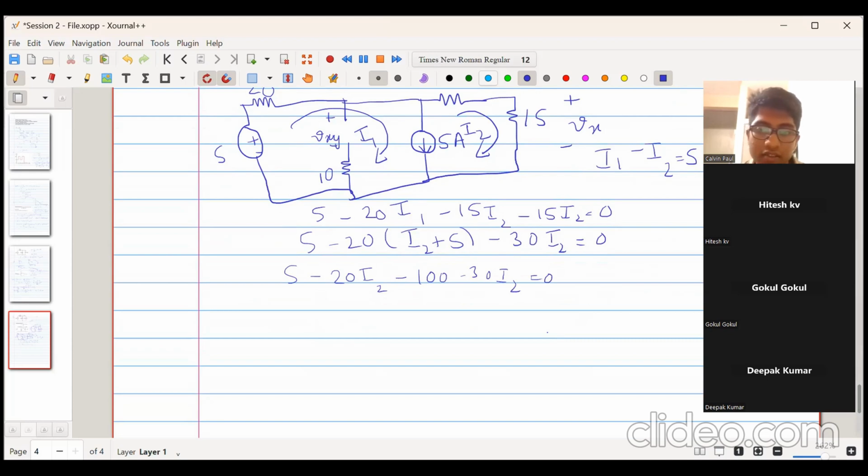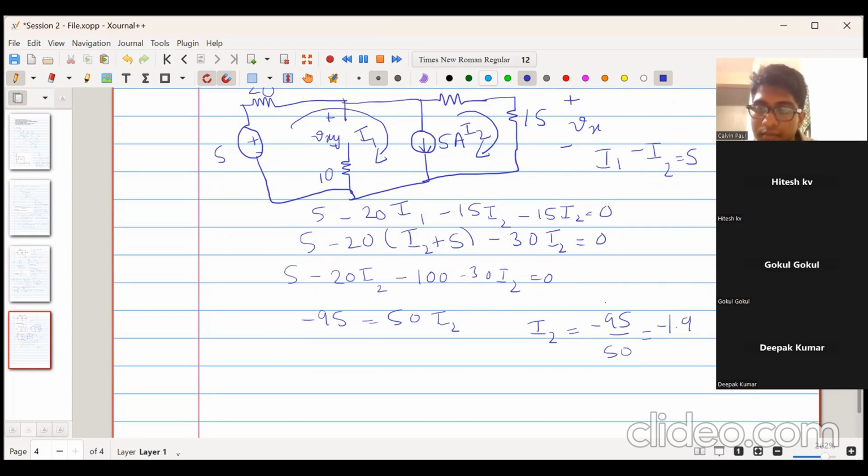So we get minus 95 is equal to 50 into I2. So I2 is equal to minus 95 upon 50, that is equal to minus 1.9 ampere.